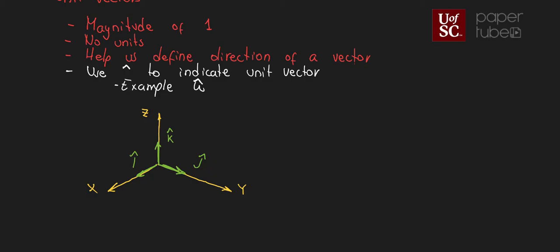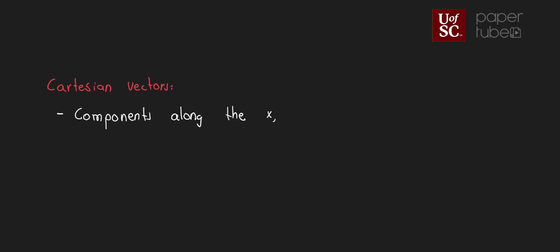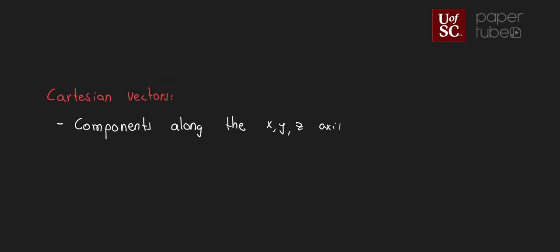When we have these Cartesian vectors, we're going to define them in terms of the components along the x, y, and z axes.